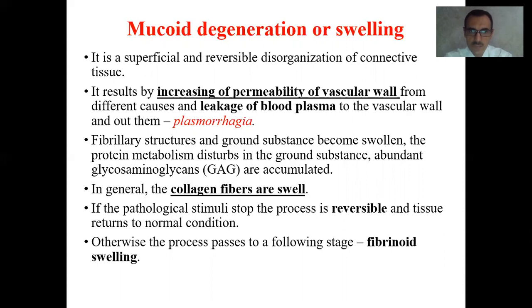Abundant glycosaminoglycans are accumulated here. In general, the collagen fibers are swollen. If the pathological agents or stimuli stop, the process is reversible and the tissue returns to normal condition. Otherwise, the process passes to the following stage that we call fibrinoid swelling.